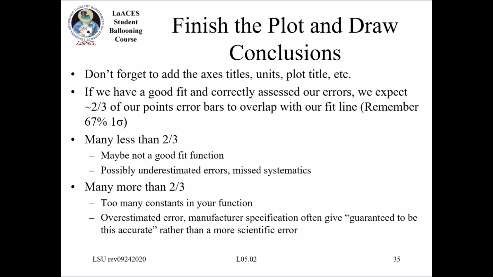Alternatively, you can have too many of your points line up. That may point to the fact that you're doing something called overfitting. You've basically put too many free parameters, and you can always adjust them slightly to make it go through as many points as you want.